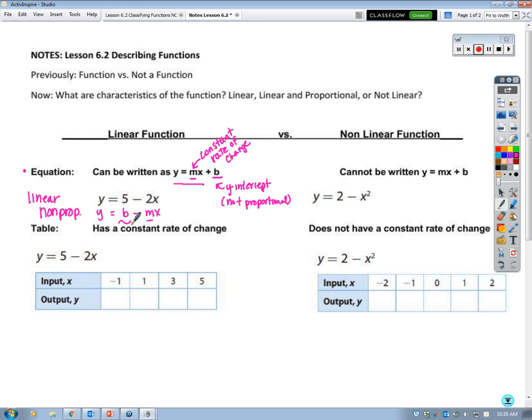Okay, as opposed to an equation that cannot be written in y equals mx plus b form. This equation right here is y equals, and this would be our slope, but it's not a slope, it has an exponent. Anytime that you have an exponent, that's going to give you a curved line.